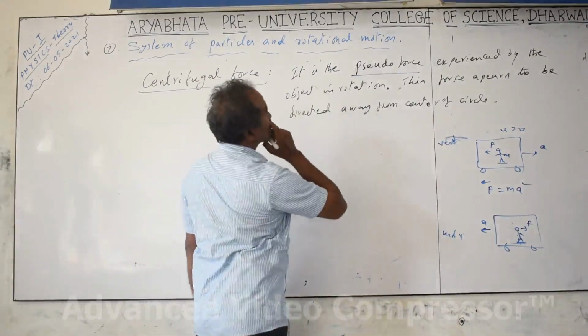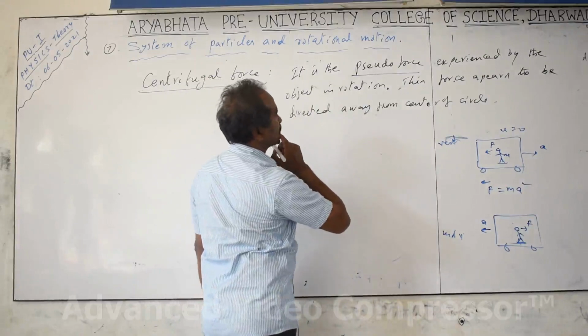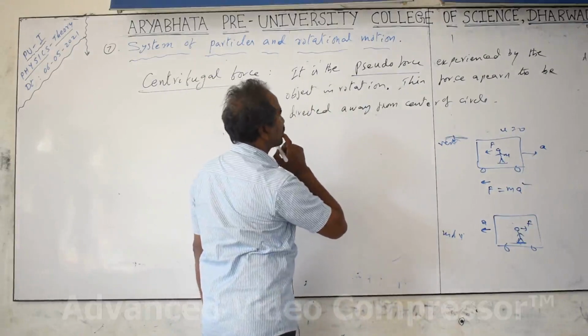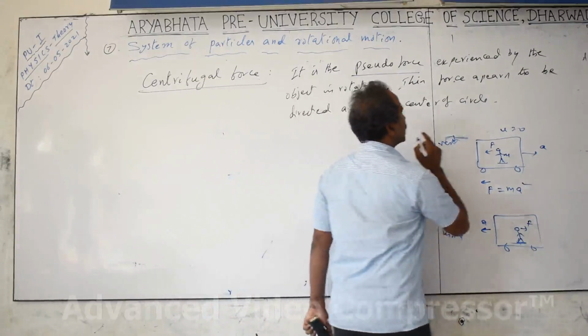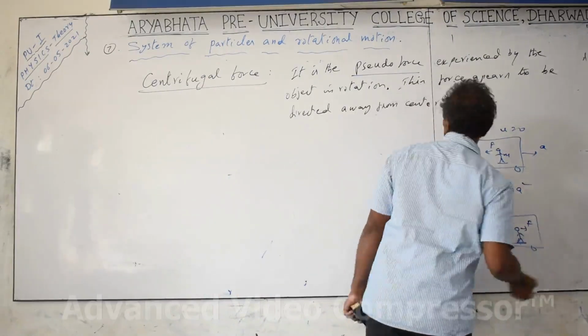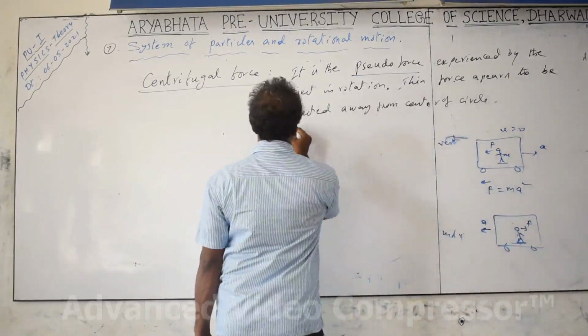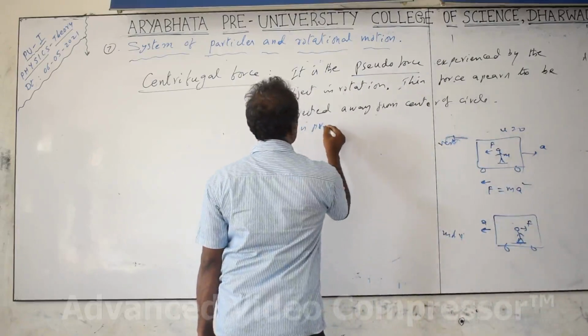So the definition: the pseudo force experienced by an object in rotation appears to be directed away from the center of the circle. It is imagined, it is produced because of inertia of direction. It is not a real one, please.